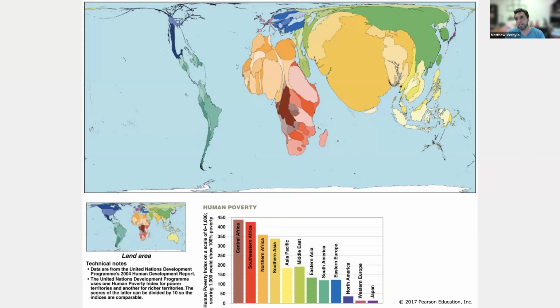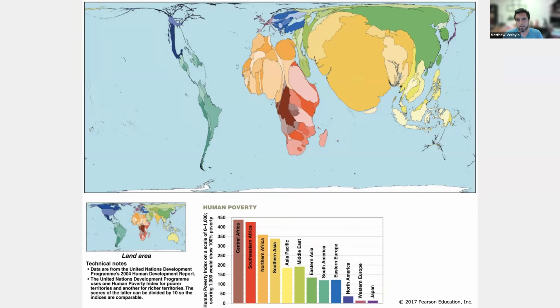So if we look at the amount of people in different regions in the world and magnify that by the poverty index of the different regions, we can see that the regions where the most people living in poverty are shown here in the map, right?